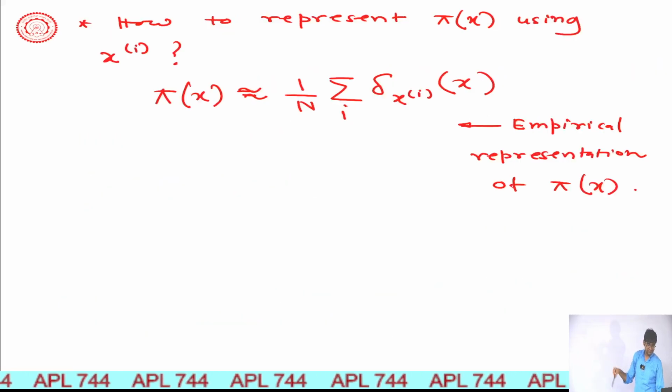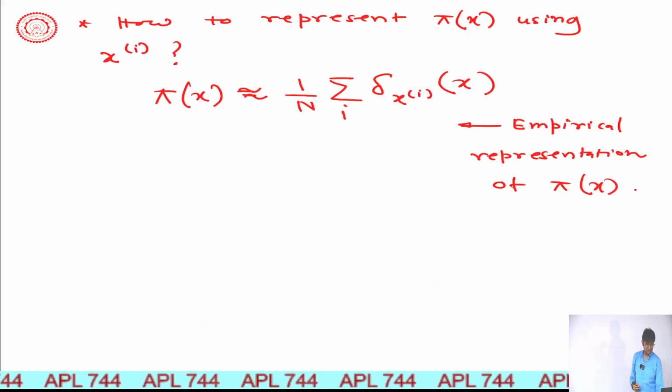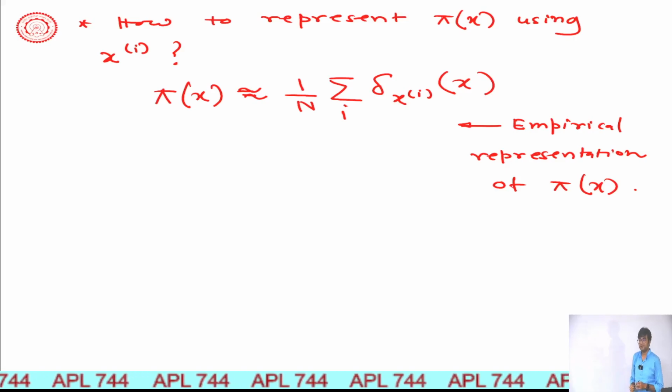So at the top line, instead of f of x, if I put this one, what will I get? Integration of g of x and then summation delta xi, and then the summation and integration can interchange, and what will you end up getting? The exact same thing.